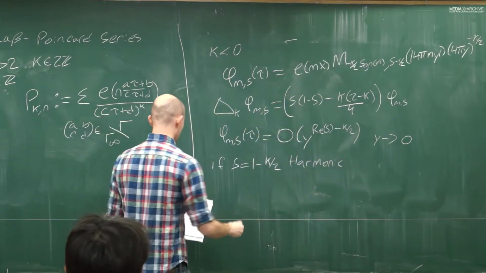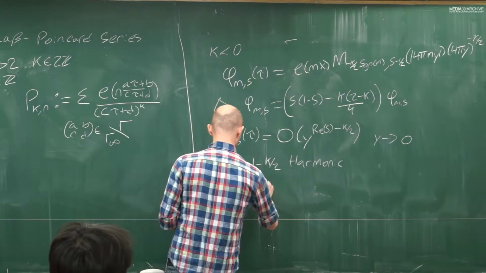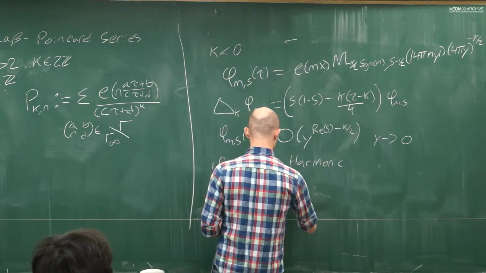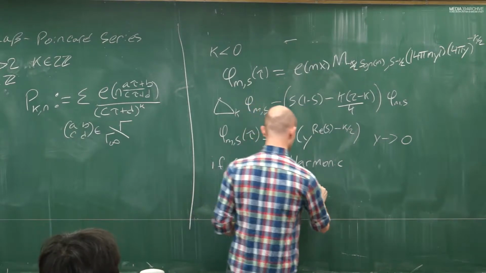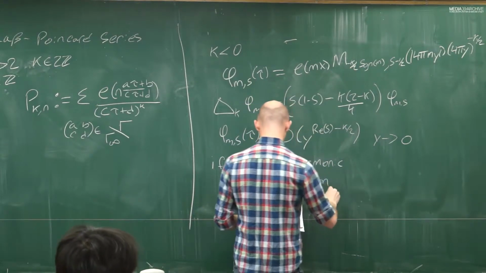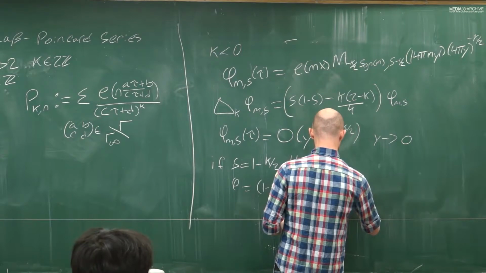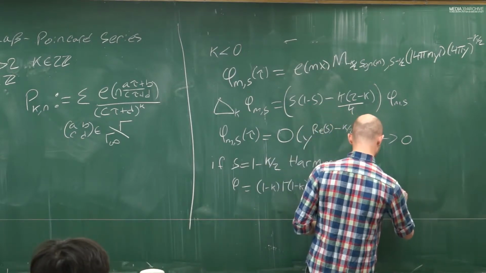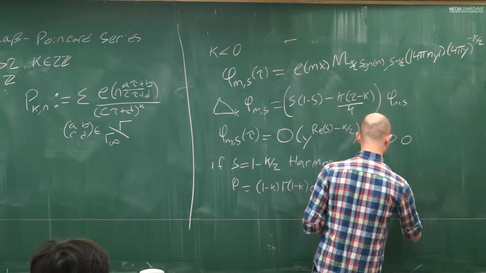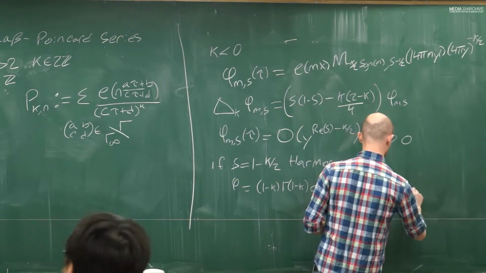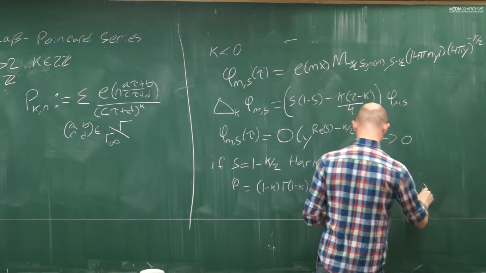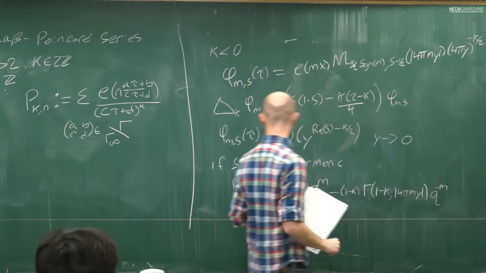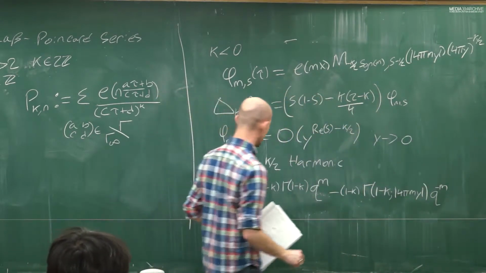And then what we end up getting is that phi is equal to 1 minus k, gamma of 1 minus k times q to the m minus the incomplete gamma function of 1 minus k, 4 pi my, q to the minus m.